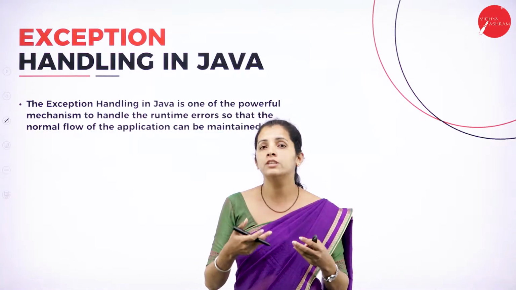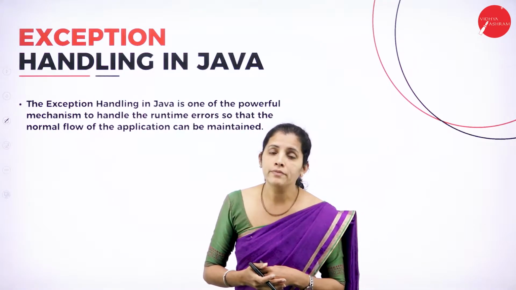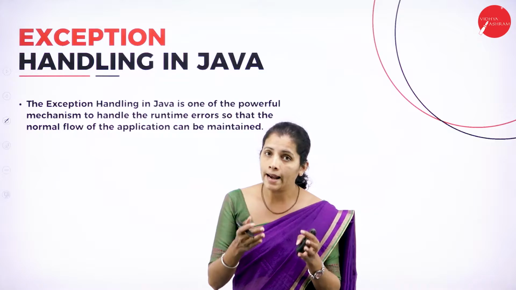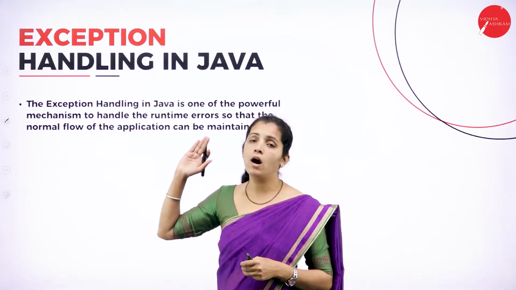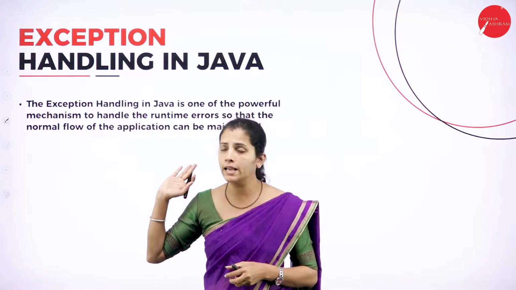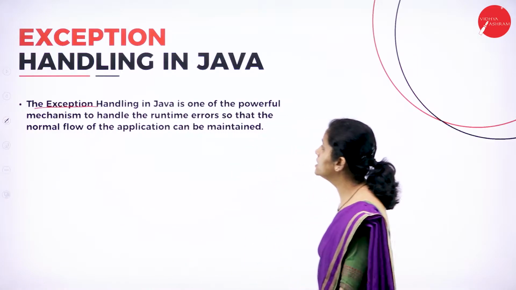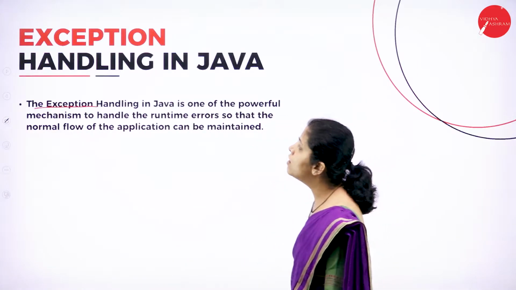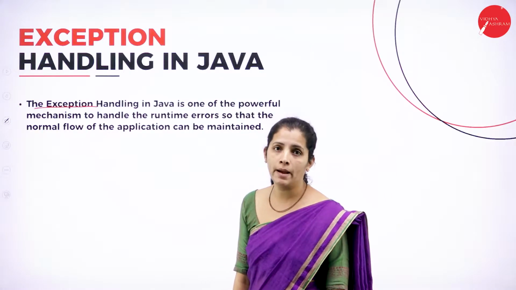That means it's going to change the execution flow. Now it's very difficult to handle an exception, but Java provides a special mechanism called exception handling. Exception handling in Java is one of the powerful mechanisms to handle runtime errors.